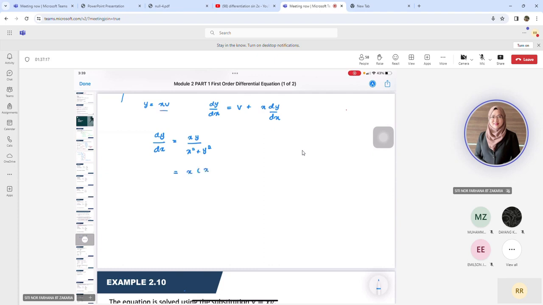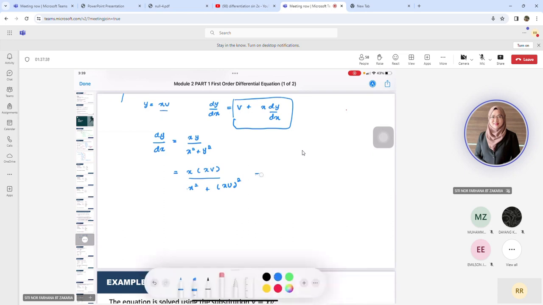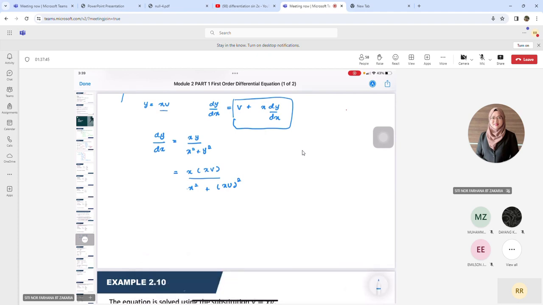So dia akan jadi xv over x power of 2 plus xv power of 2. And then you also need to replace dy dx with this equation. So our dy dx can write here v plus x dv over dx.